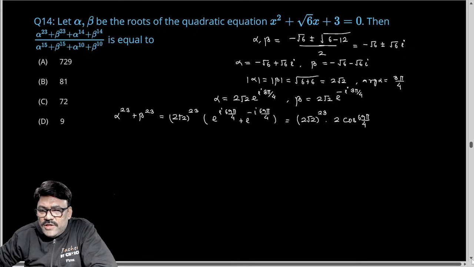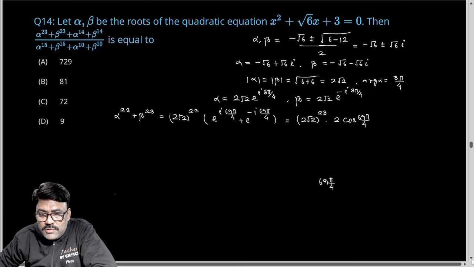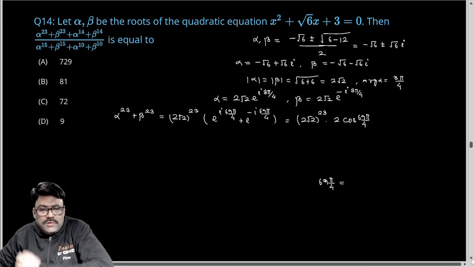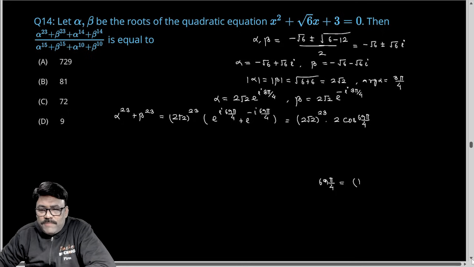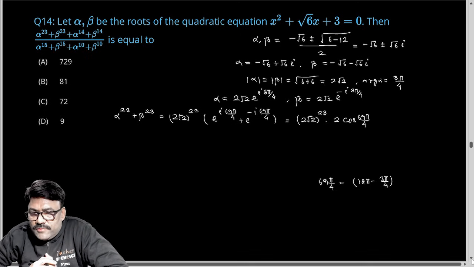And 69 pi by 4, let me show you here. 69 pi by 4 is 18 pi minus 3 pi by 4.